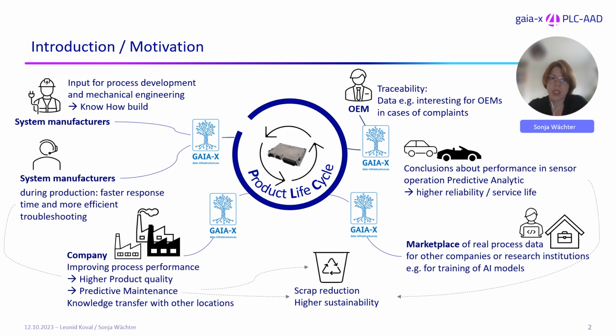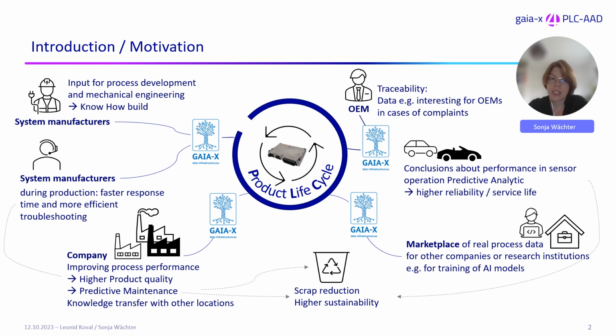So starting with the system manufacturer, who can draw performance conclusions from the process data and thus optimize the machines. The special feature here is the direct networking and combination of the system manufacturer skills with the skills of the manufacturing company, in this case Continental.